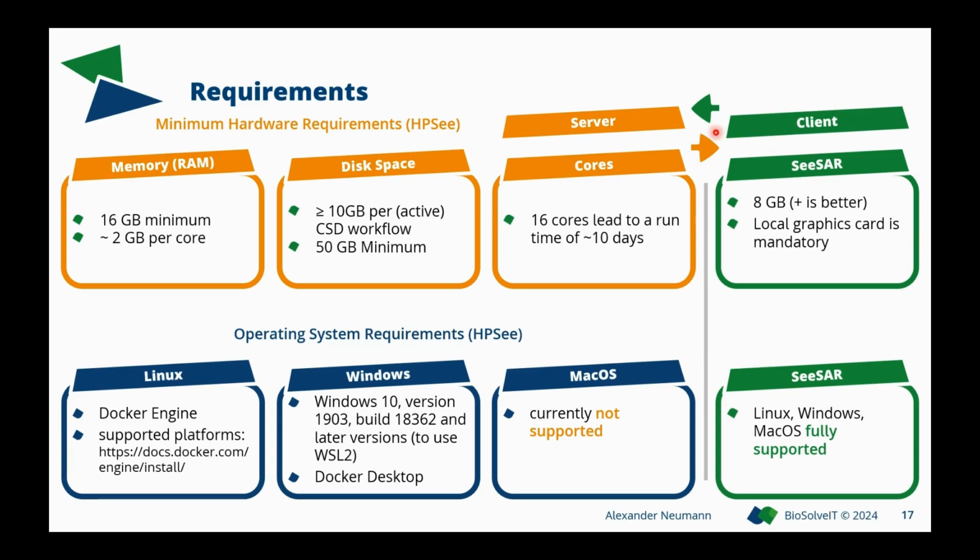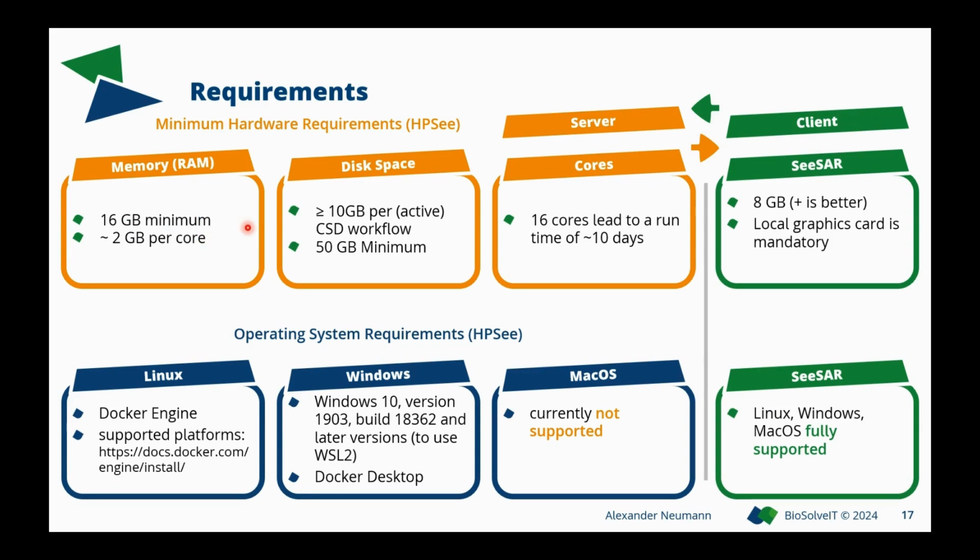So for you as an end user, this is the most important part. The left part is a little bit more interesting for the IT guys, or if you have to set it up yourself. Since this is the server, where the calculation happens, you need a little bit more raw power to do stuff. The minimum amount of RAM for calculating stuff is 16 gigabyte.